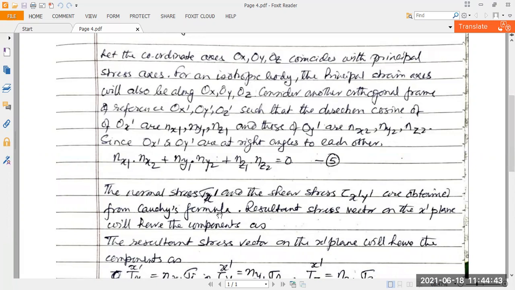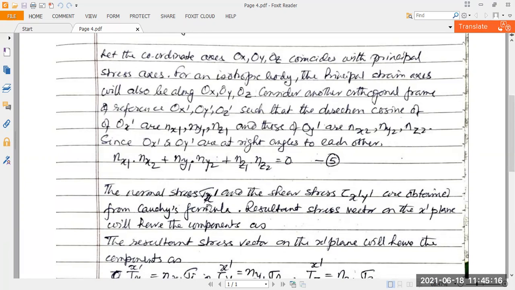So what happens if we imagine a plane that has a normal stress sigma x dash and a shear stress, as we got from Cauchy's formula itself? There is a resultant stress vector on the x dash plane, which may or may not be normal to the plane. But we have a normal there, because, as we discussed during the stress revision, every plane is defined by its normal.